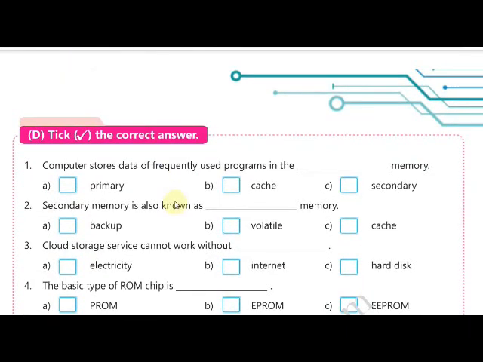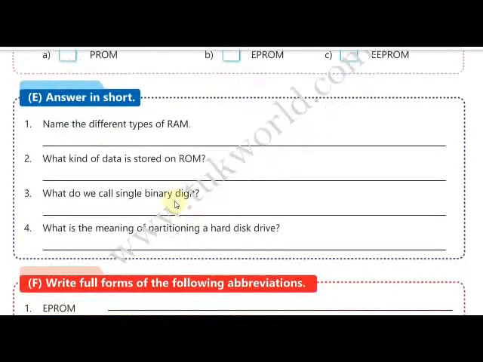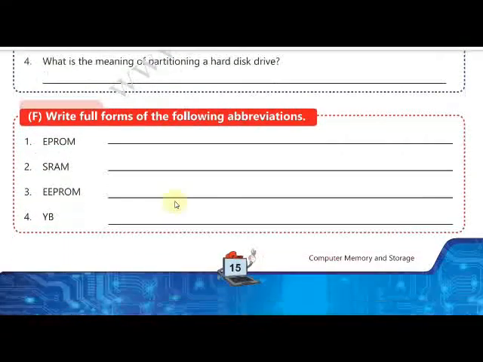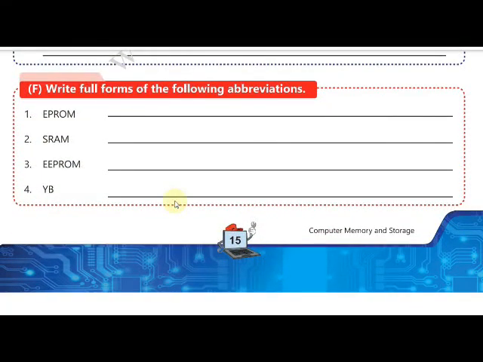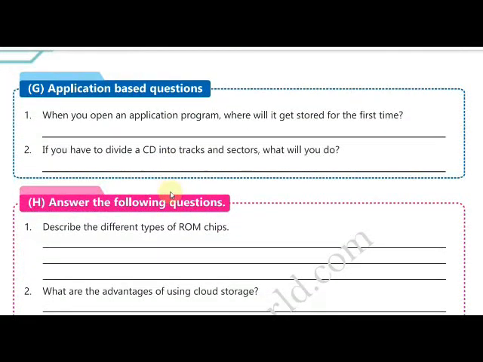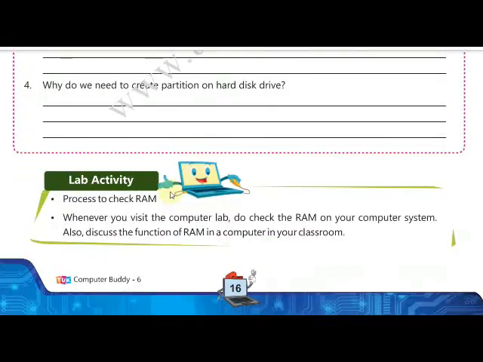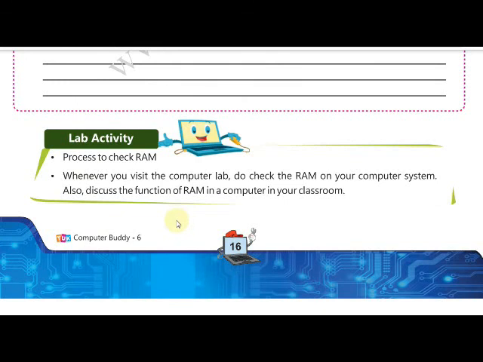Then tick the correct answer, then answer in short. Then write full forms. Next, application based questions are there, you have to solve them. Answer the following questions. Then lab activity: when you come to the computer lab or to school, I will take this lab activity. So this is your today's homework over this lesson.